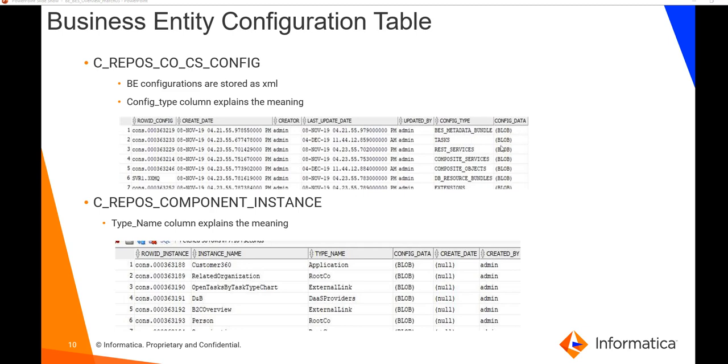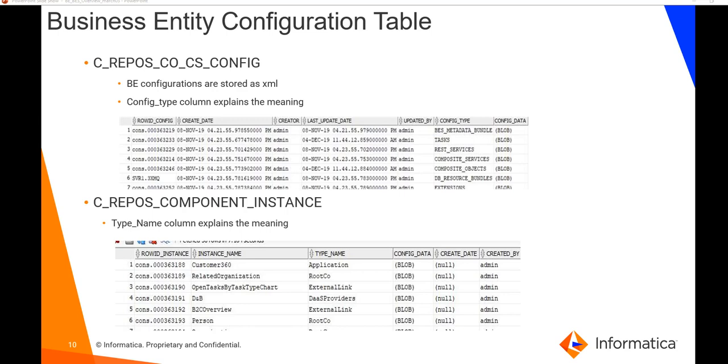You come to this table, you change the XML, and you re-upload it back. But you need to be careful. Any bad XML entry in these tables can stop your services. Whenever services are restarted, it does a validation of the CRepos COCS config table. So any invalid entry will stop all MDM services from coming up.